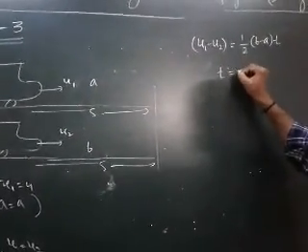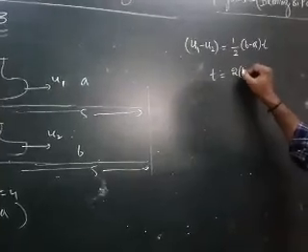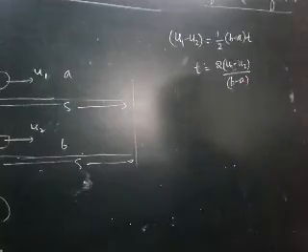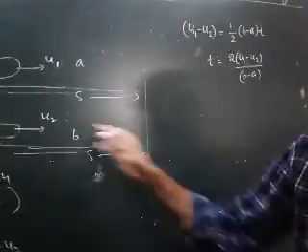Then t is equal to 2 into u1 minus u2 divided by b minus a. This is the time taken.